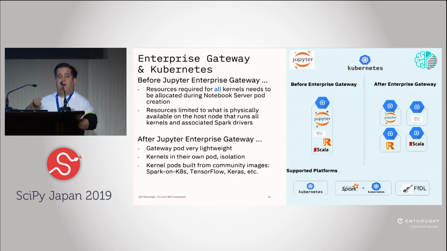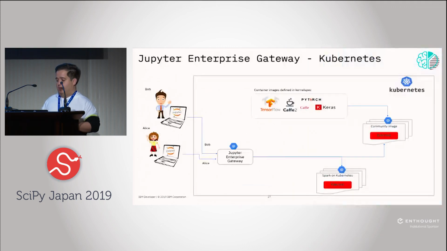So you can associate resources just when needed, and you can give those resources back when a specific notebook is shutting down and not when the whole notebook server is shutting down. As for what we support, Spark on Kubernetes, so you can still do some of the analytics here. We are porting the Dask support to the Kubernetes environment as well.